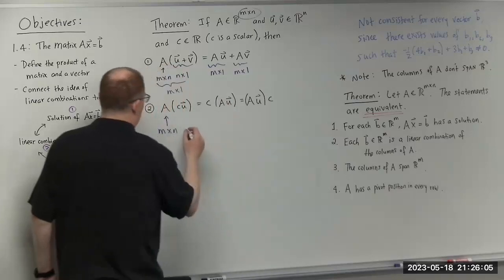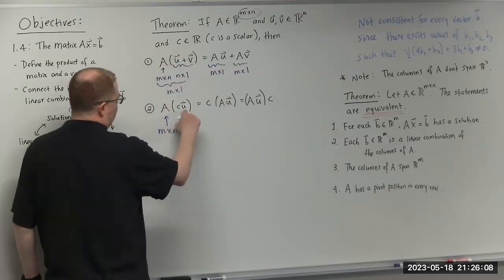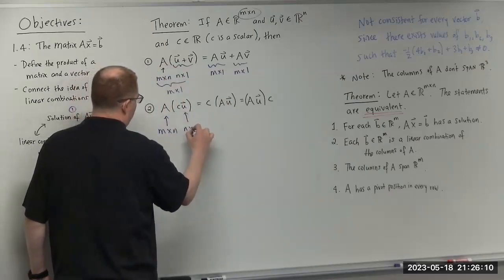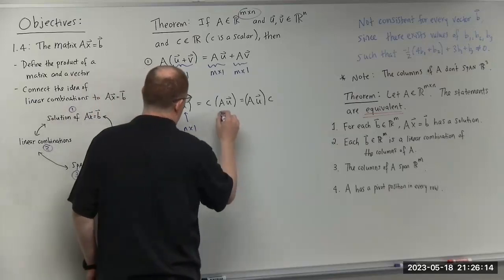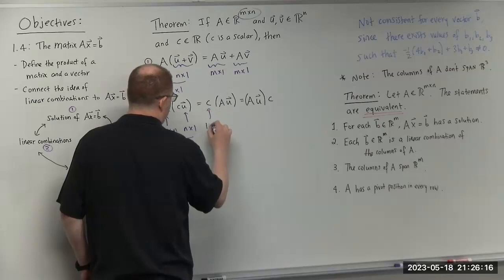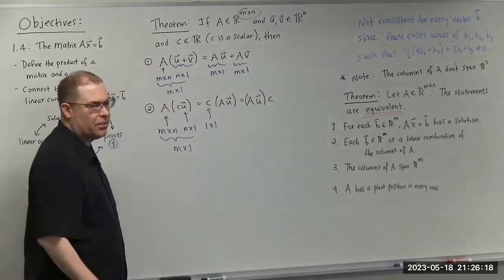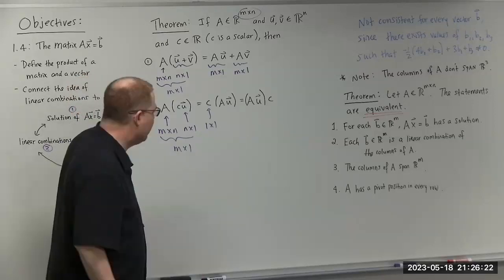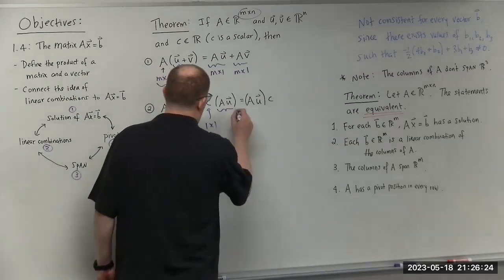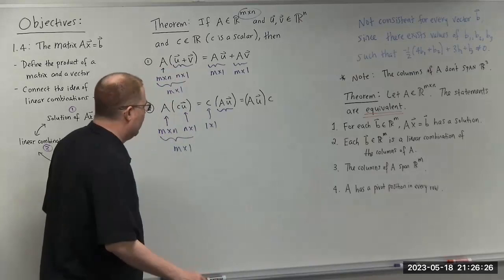This is, remember, scalar times a vector. U is an n by 1, so this is going to give us m by 1 here. By the way, a scalar is just 1 by 1. You can think of it as a 1 by 1 matrix, although we don't really refer to it like that.